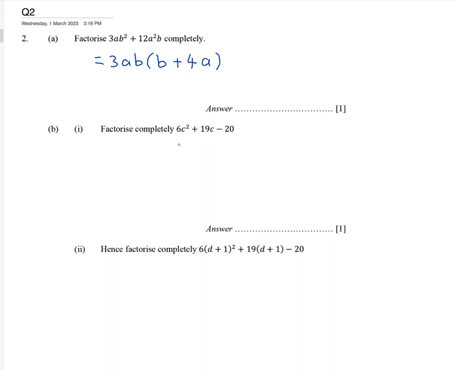Now let us take a look at factorization using the FOIL method. In the FOIL method, we just make use of the first and the last term to determine our terms in the brackets. We do not put in any sign yet. 6c squared is, well, we could try 3c and 2c.